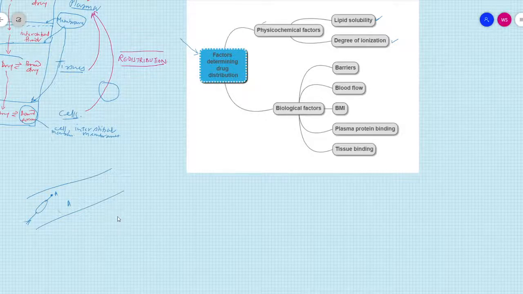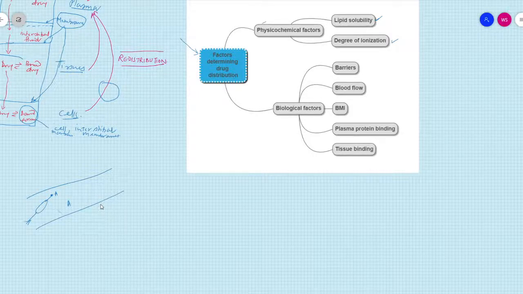So everything that is in the blood does not reach all the tissues and organs of the body. The body prevents potential toxins from entering certain critical sites of the body. And wherever the body has that kind of demarcated site, we say that those sites are protected by barriers.